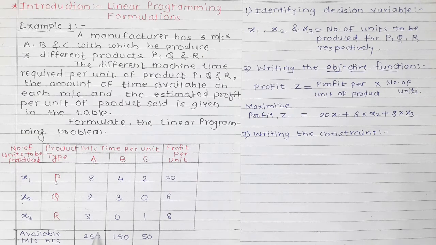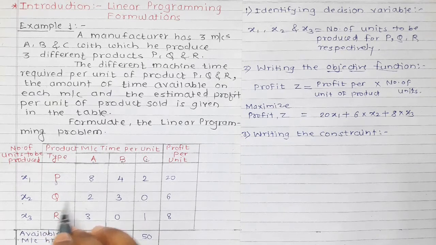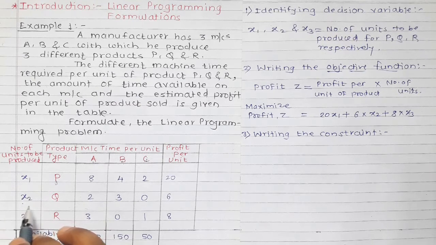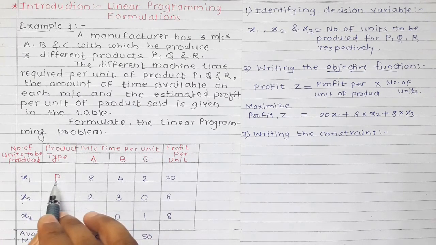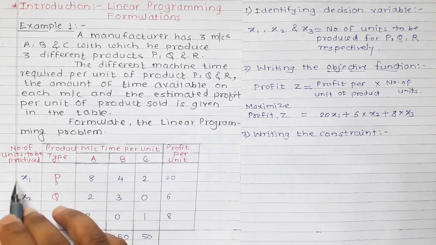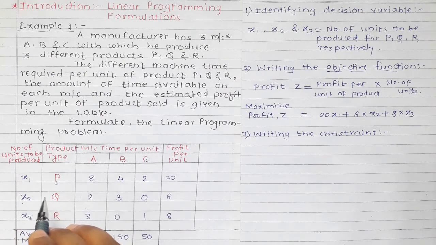We have only limited time for machine A, machine B and machine C, and in this table we know that each unit of product P requires 8 hours of machine A, each unit of product Q requires 2 hours on machine A, and each unit of product R requires 3 hours on machine A. So if we multiply this 8 into X1, we can get the total amount of time required for the quantity of product P. Similarly, if we multiply this 2 to X2, we can get the total time required for X2 units of product Q. And also if we multiply 3 to this X3, we can get the total machine time for this product R.